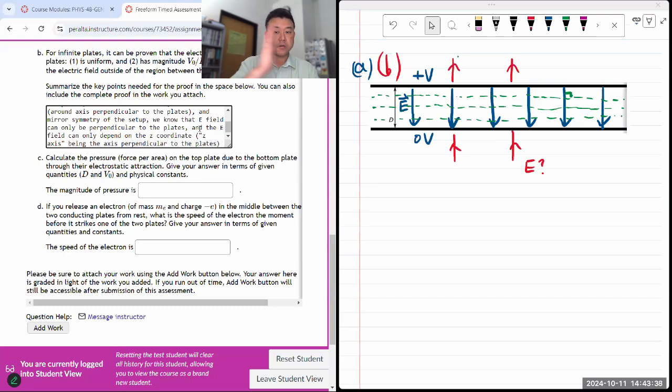If you move horizontally, that shouldn't change the E field; that comes from the translational symmetry of the setup.